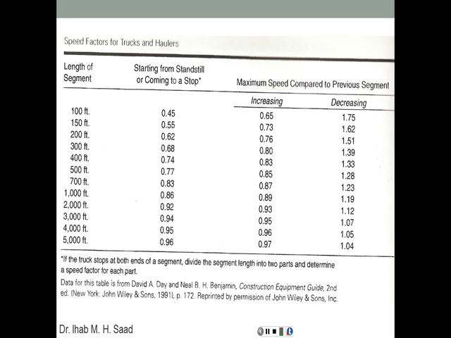But it's going to be standing still at the beginning to be loaded, and it's going to stop at the end of these 700 feet to dump that load. In this case, we're going to divide that 700 by 2, so as if the segment length is only 350, and we're going to use that factor only once, which we can interpolate between these two numbers.